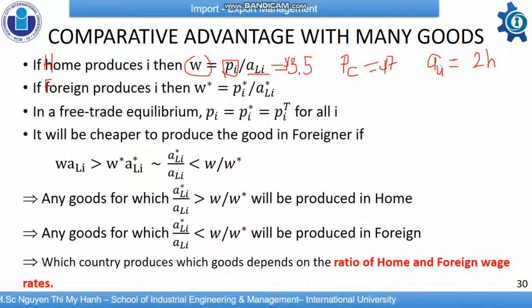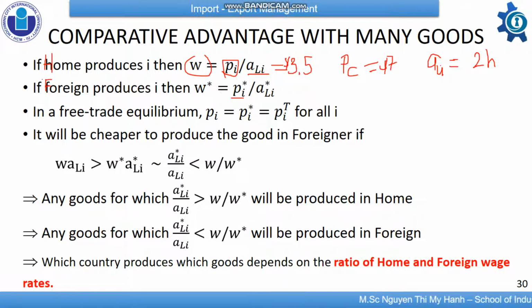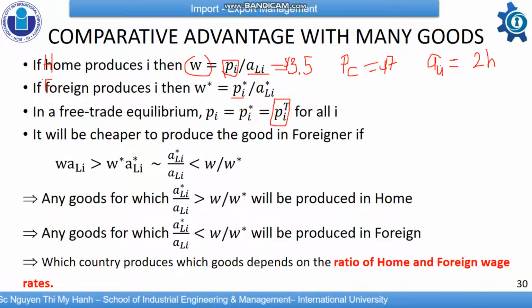That's how you calculate the wage. And in the free trade equilibrium, the price of product i in the home country is equal to the price of product i in the foreign country, and is equal to the trade price of product i.